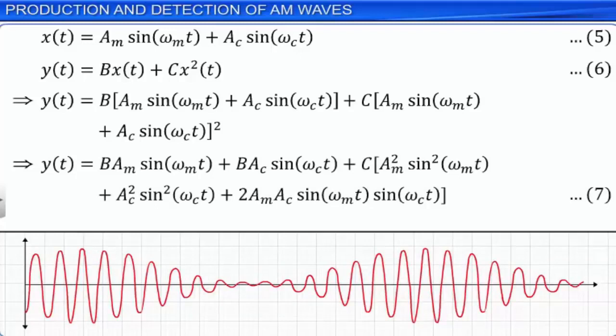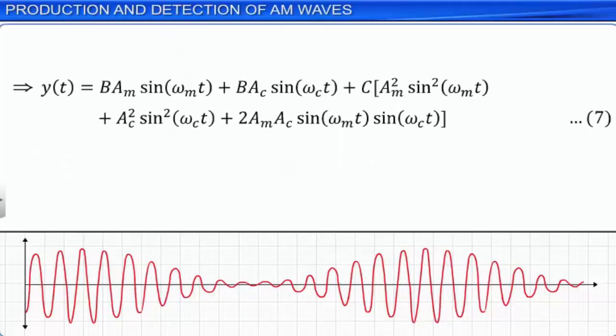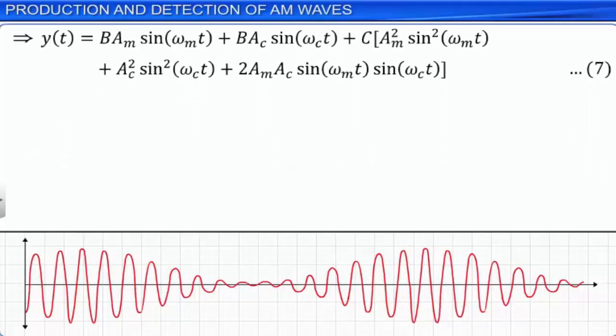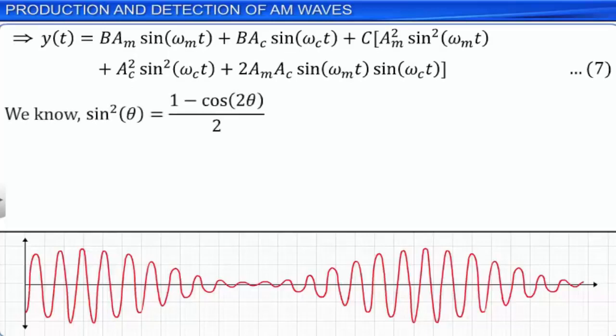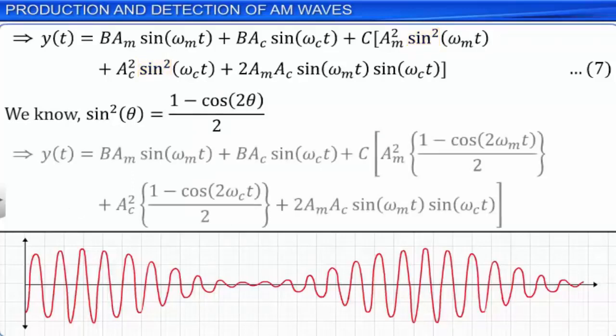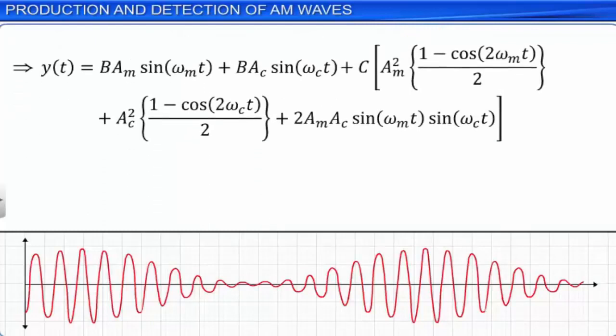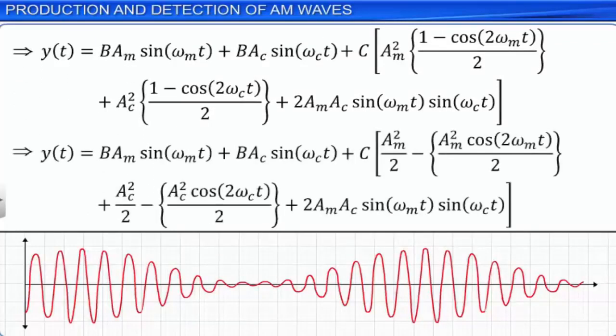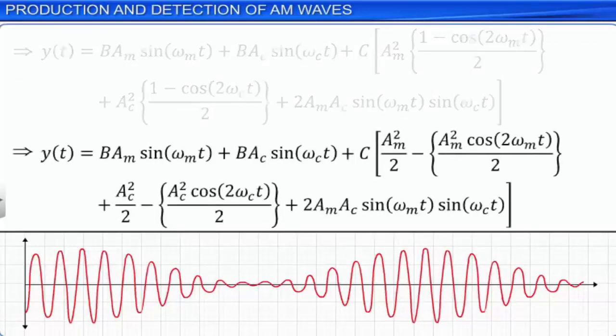Applying the trigonometric relation sin squared theta is equal to (1 minus cos 2 theta) by 2 to the sine square terms in equation 7, and simplifying, we get equation 8.